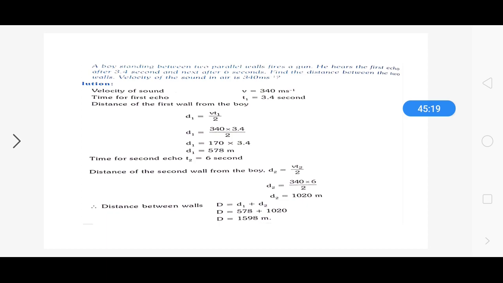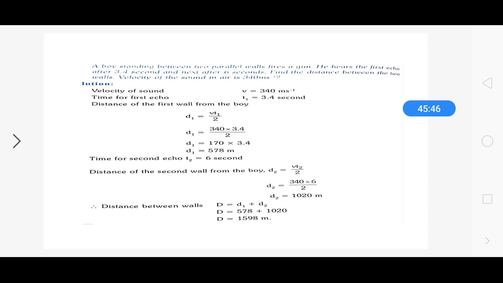Due to the reflection at both walls, the reflected sound finally reaches the person, means he hears two echoes. Due to the first wall he hears the echo after 3.4 seconds and the second echo due to the second wall after 6 seconds.